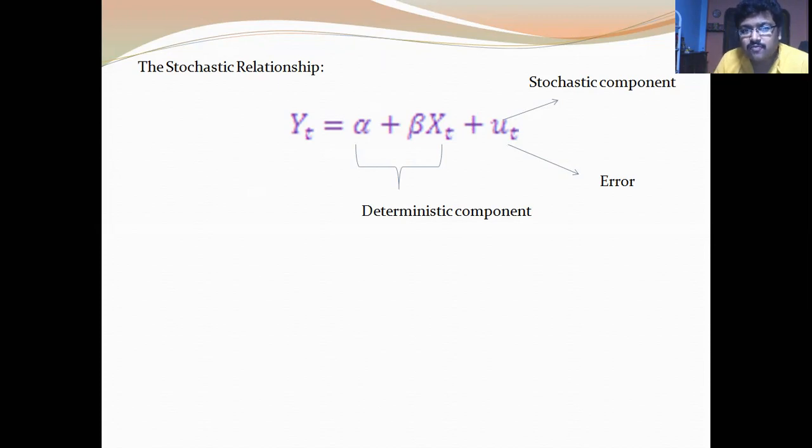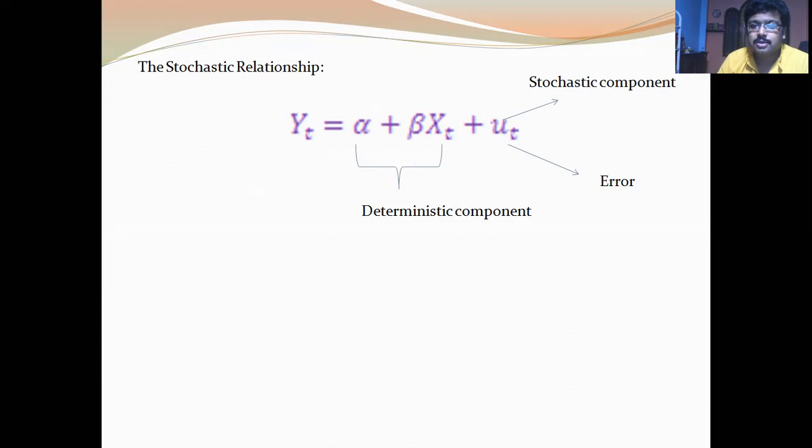Then alpha plus beta xt is the deterministic component, because if we do not consider the ut, that is the stochastic component or the error term, we have a unique value for y, that is the consumption expenditure, for a given value of x, that is the income of a family. So this part, alpha plus beta xt, is the deterministic component.